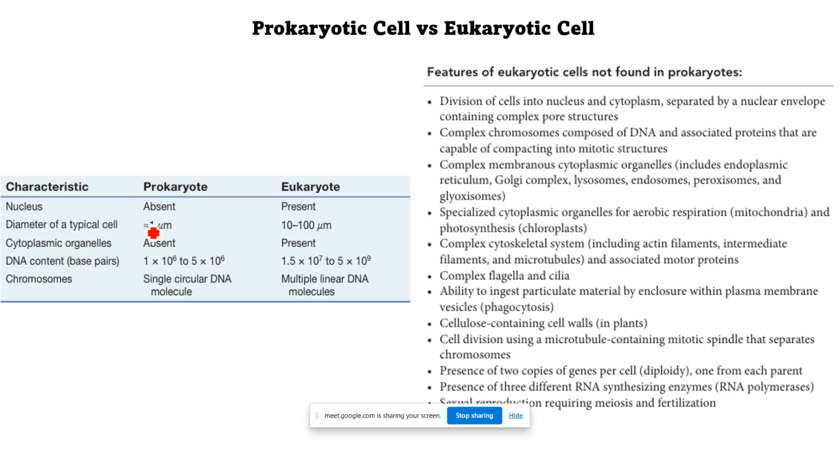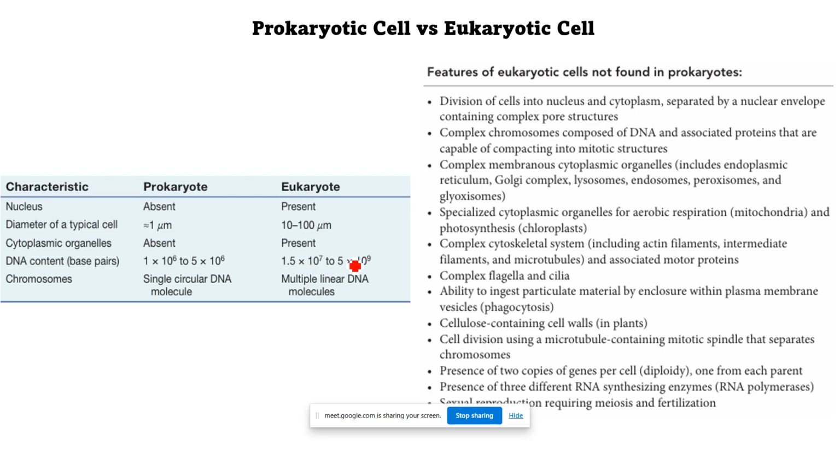I will just go through this very quickly because you all know about these. The diameter of a typical prokaryotic cell is 1 micrometer. Eukaryotic cells are larger, 10 to 100 micrometers. Cytoplasmic organelles are lacking in prokaryotes and present in eukaryotes. The DNA content of a prokaryote is around 1 million base pairs, while that of a eukaryote is around 6.6 billion, right?